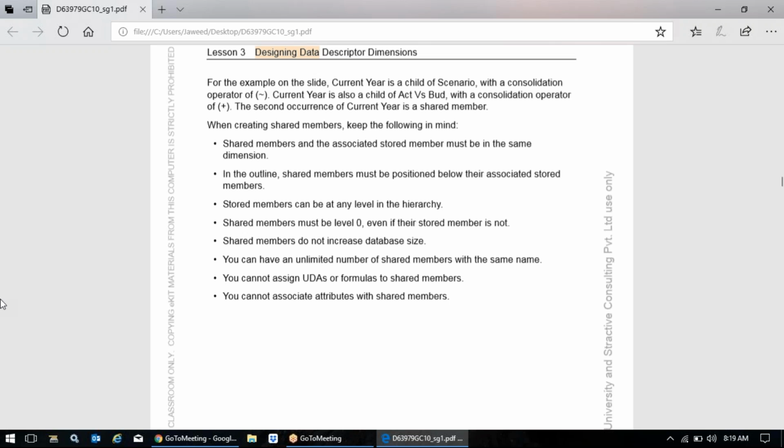Yeah, I mean, I've seen attribute dimension, right? Are you referring to an attribute dimension? Yes, attribute dimension, definitely, for the refinement of the reports, or for the refinement of data load.